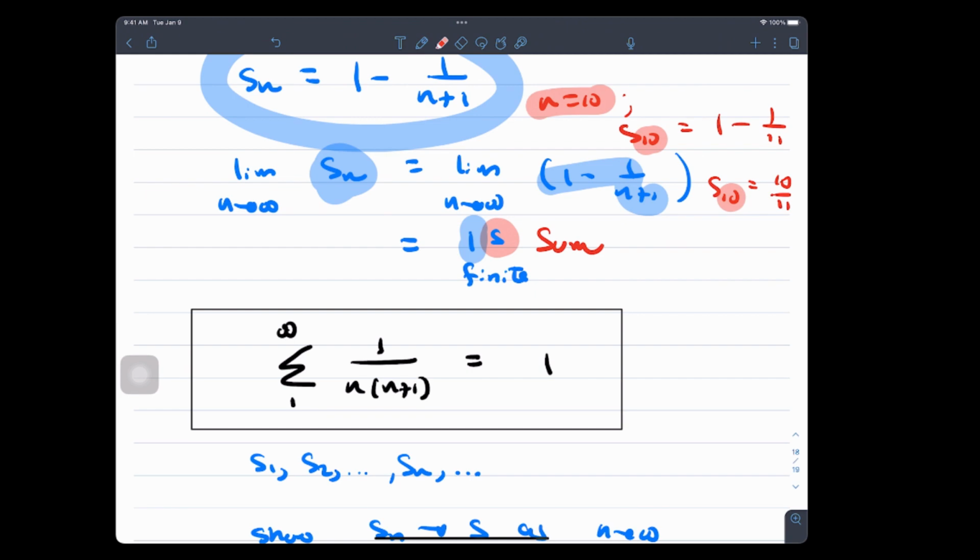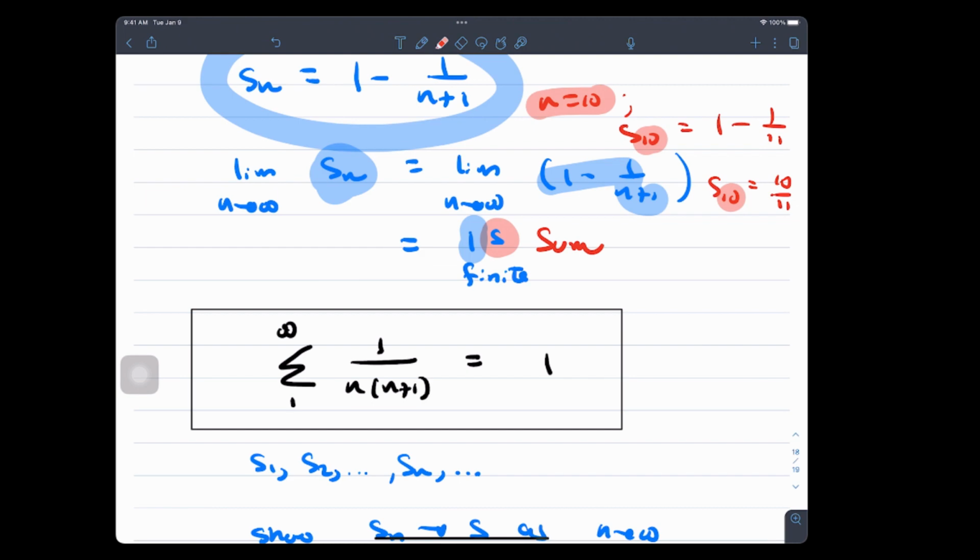Very difficult to do in general. See, in this section 12.2, they show you that some of these things converge by definition. In the beginning of this section, you'll see that the geometric series converges because we proved it using the sequence of partial sums.